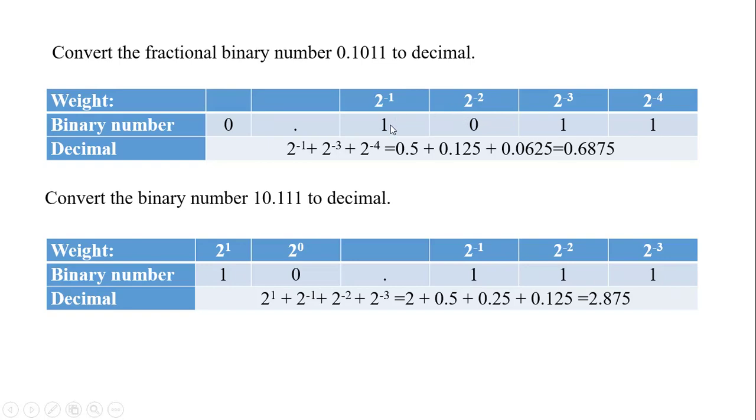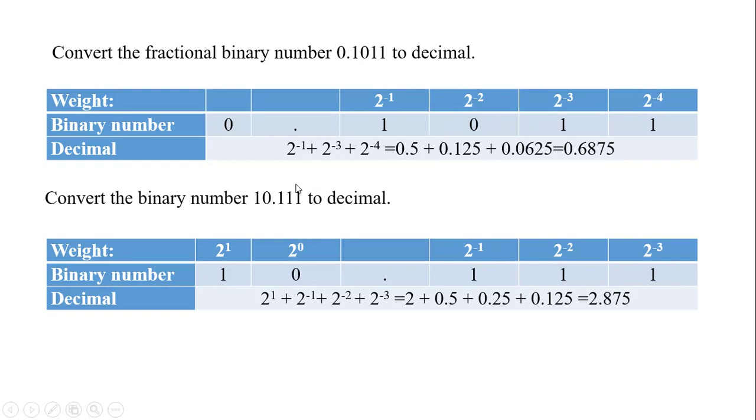So 2 raised to power minus 1 plus 2 raised to power minus 3, because for this weight the bit is 1, and 2 raised to power minus 4, because for this weight the bit is 1. So add these weights: 0.5, 0.125 and 0.0625. So the equivalent decimal fraction is 0.6875.